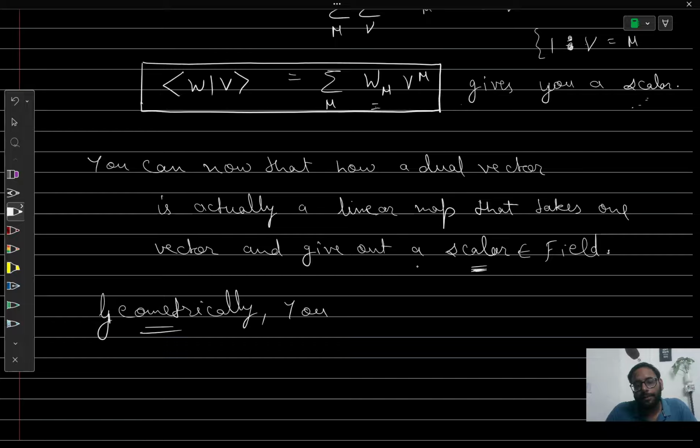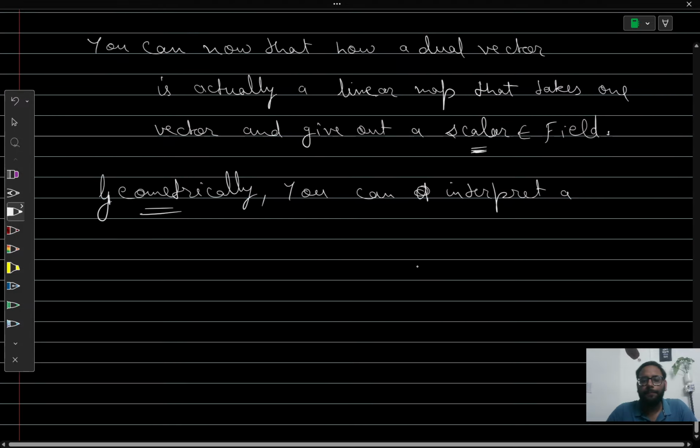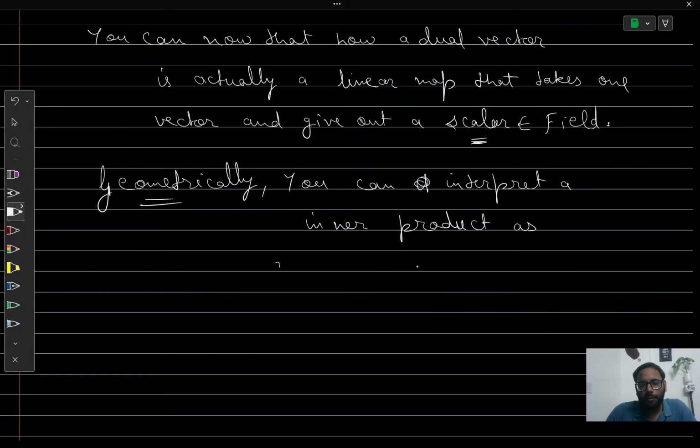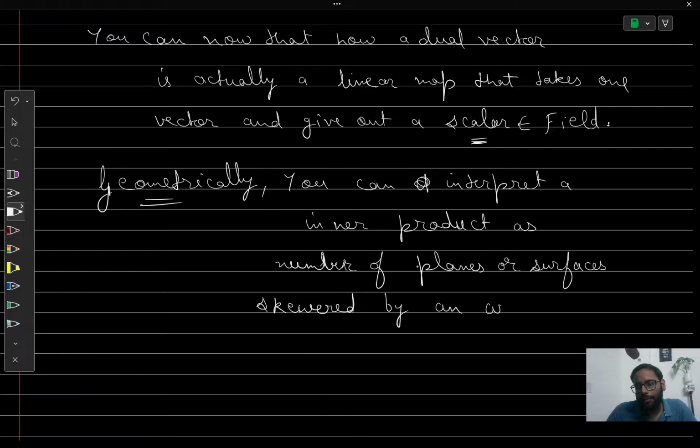You can interpret the inner product as the number of planes or surfaces skewed by an arrow.